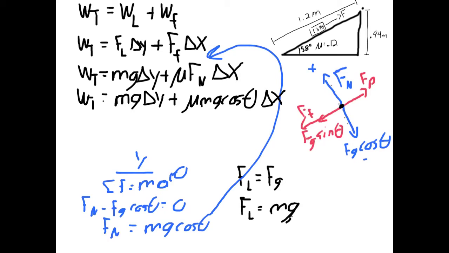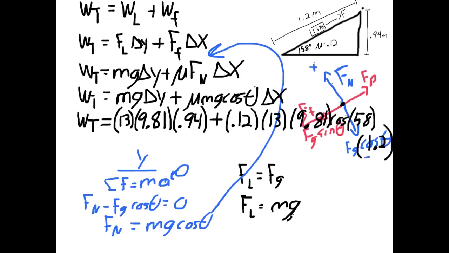And now I plug in numbers and punch it in my calculator. Sorry that I was kind of running out of space and ran all the way over here for my mu, m, g, cosine theta, delta x part from the work done by friction. I come out with total work is 130 joules.